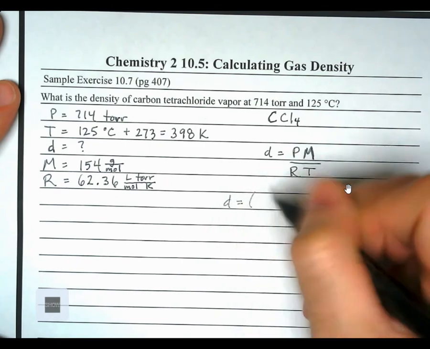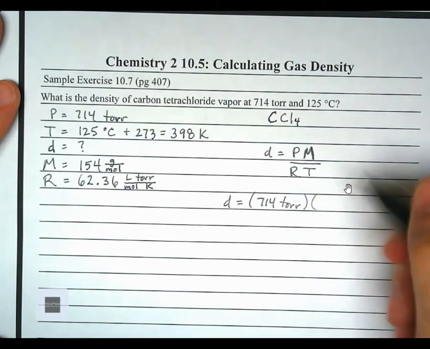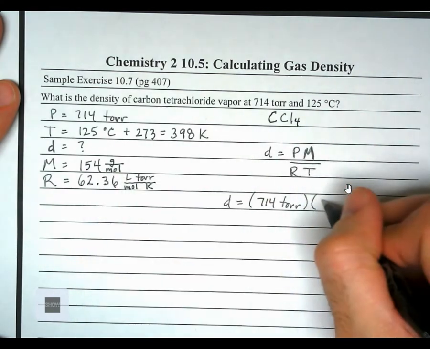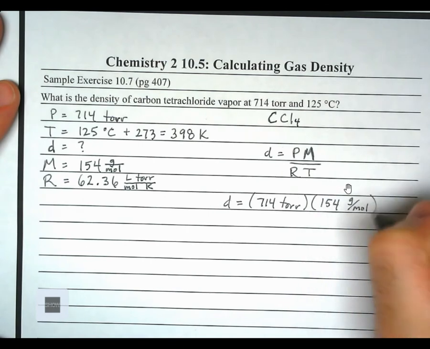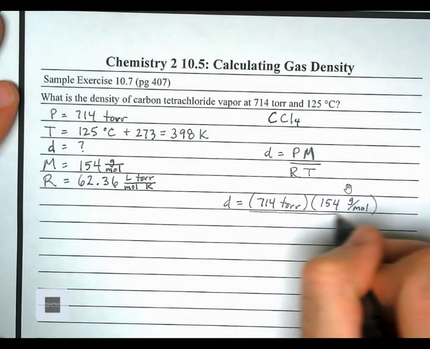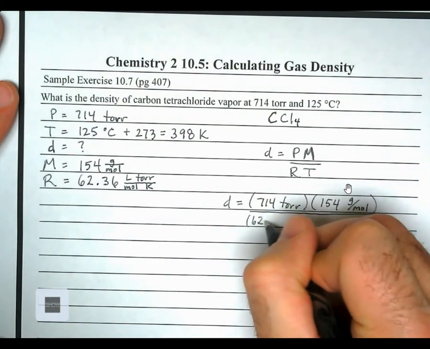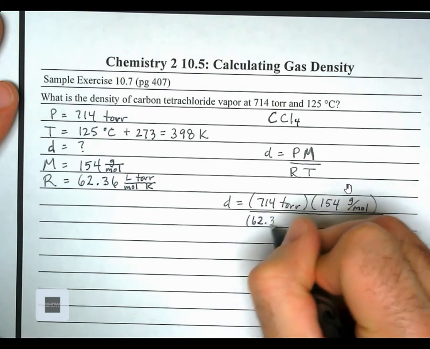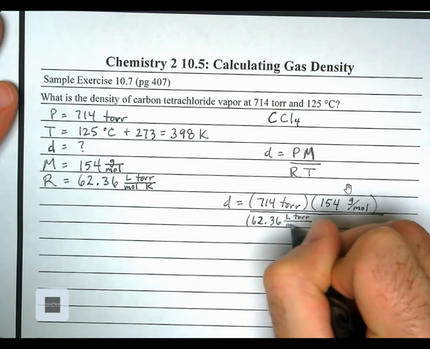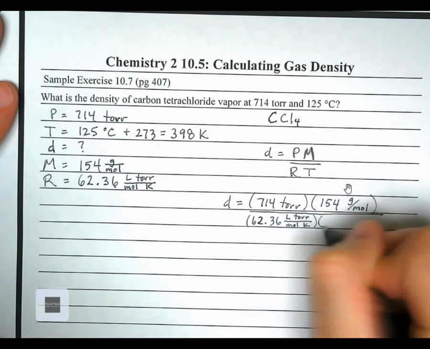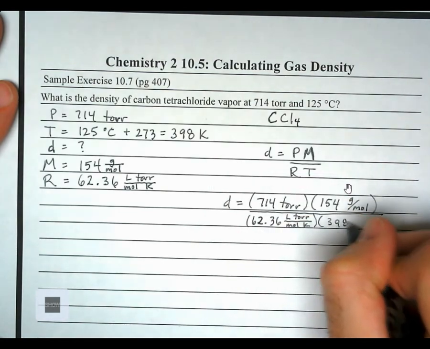D equals our pressure, 714 torrs, our molar mass, 154 grams per mole, over our R factor, 62.36 liters torrs over moles K, and our temp, 398 K.